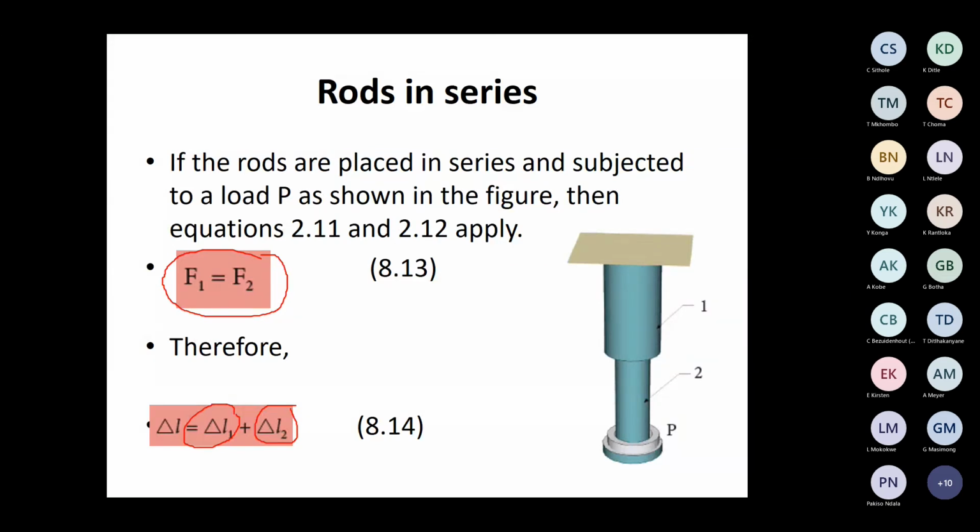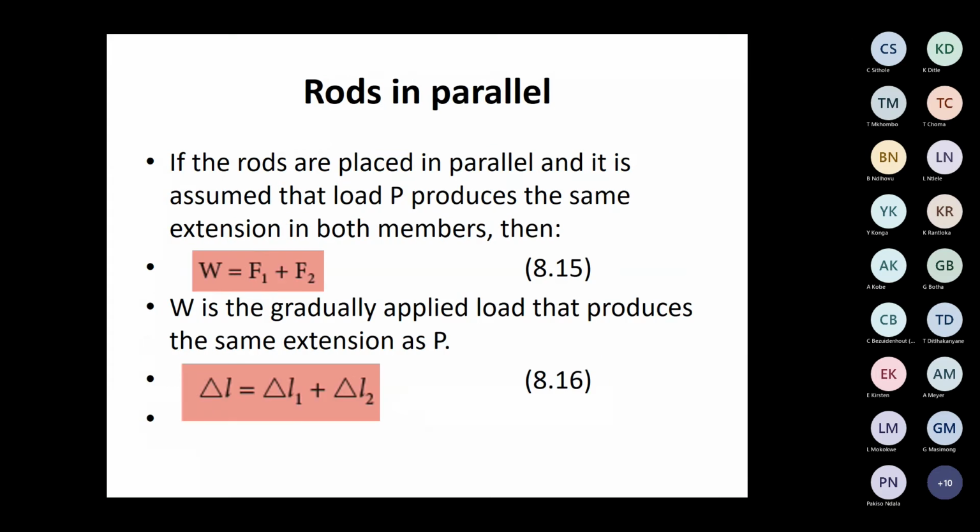When you have your rods in parallel, then again, and here's a mistake here, your force in number 1 plus force in number 2 is my total force. You remember we have done that also in the exam with temperatures as well. But here my final change is equal to my change in 1, which is equal to the change in number 2.